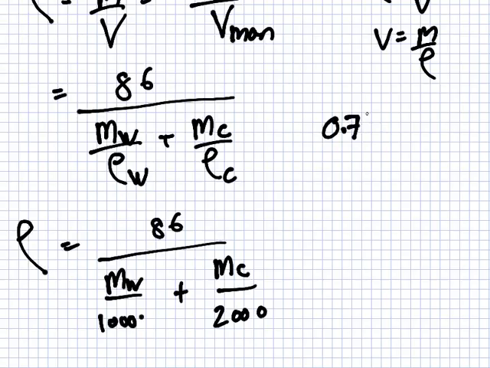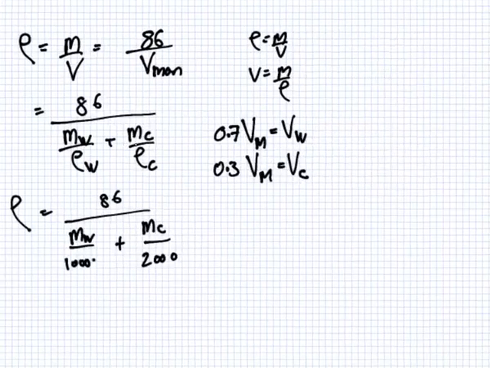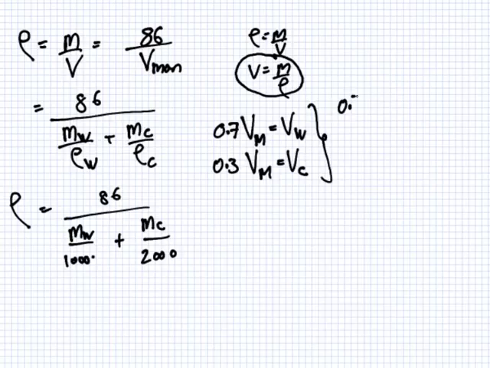So it'd be a little bit more convenient if I was to change this into 0.70 times the mass of the man over the density of the man, and this one 0.3 times the mass of the man over the density of the man. That will equal the volume of the carbon, and this the volume of the water.